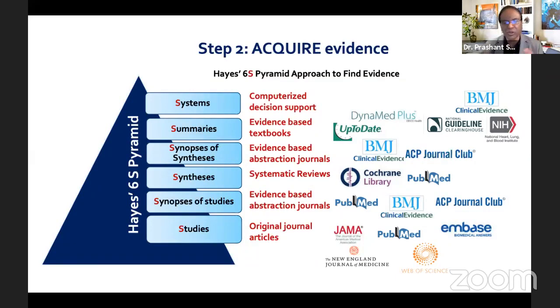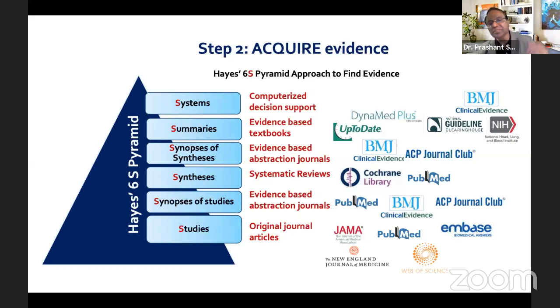These are different groups dealing with different types of disease conditions. For example, JNC7 deals with hypertension and cardiovascular diseases, whereas GOLD deals with asthma and COPD.